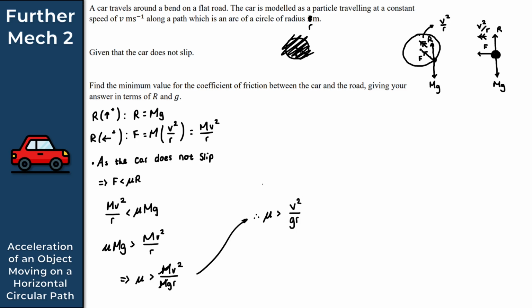This gives us the minimum value for the coefficient of friction between the car and the road. As we can see, we've given the answer in terms of r and g. Again, let's change that to lowercase r there, just to avoid any confusion. I'll do it above. There we go. I'll put a bubble around this, just so you can see that this is our solution. Perfect, good stuff.